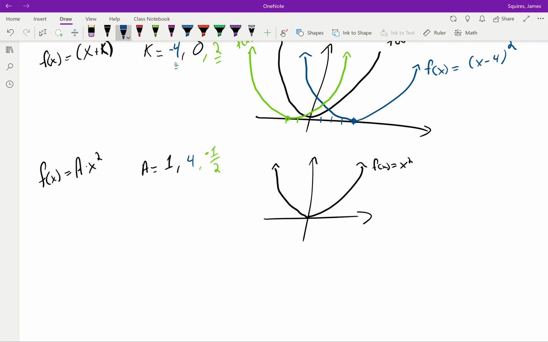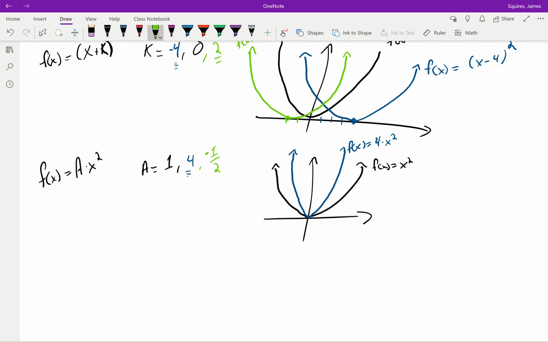So let's work with this +4. That is going to be a positive value and it's greater than 1. Given that it's greater than 1 and positive, that means we are going to tighten up our graph. It's going to grow 4 times as fast. So this will be f of x equals 4 times x squared. Now if we're dealing with that -1/2, that means it's going to grow at half the speed, so it's going to be much fatter.